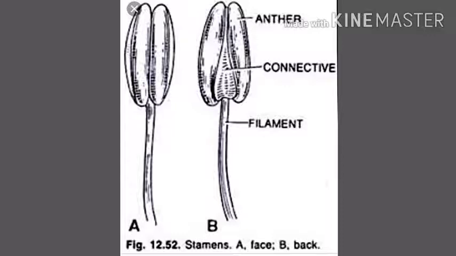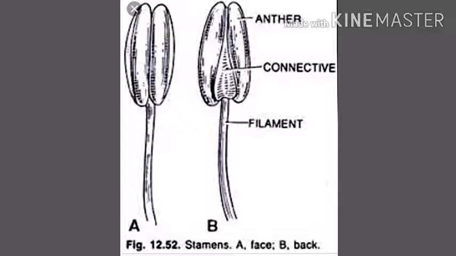The calyx, corolla, androecium and gynoecium, they are known as the floral leaves. These floral leaves are spirally arranged on thalamus. They are clockwise or anti-clockwise situated.